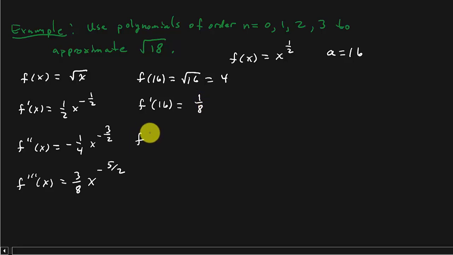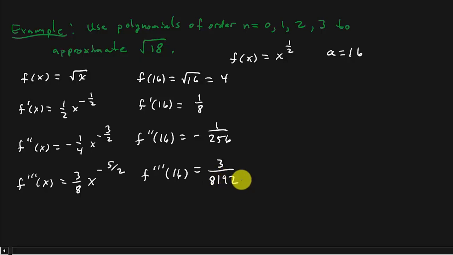F double prime of 16 is going to be negative 1/256. And f triple prime of 16 is going to be 3/8,192. All I'm doing is plugging 16 in for x, and this is what we get.